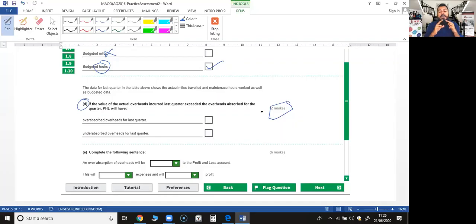Now, remember, over absorption means you're happy, smiling, ooh, good. Over absorption means it's a cost saving, means your actual cost is lower. Absorbed is over. Okay, please do remember, absorbed is over. You're happy, you're dancing, you're smiling, happy face. Yeah, over, good. It's your profit.